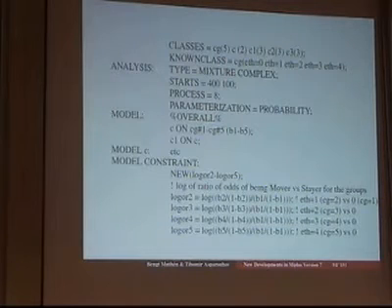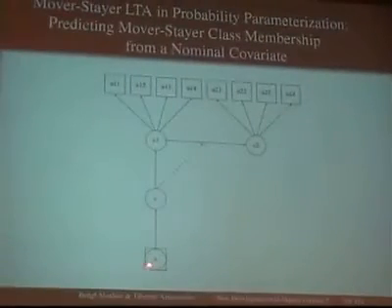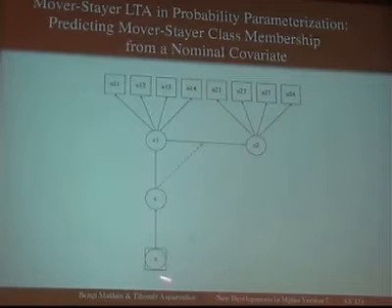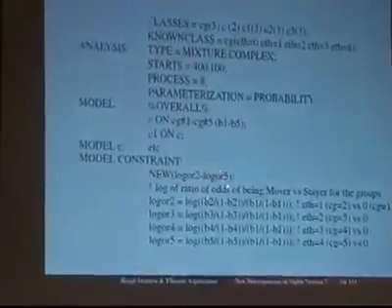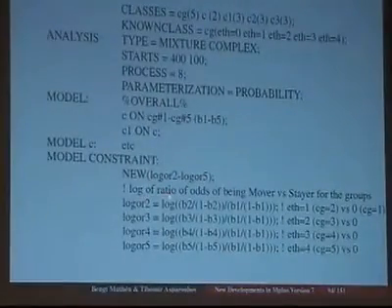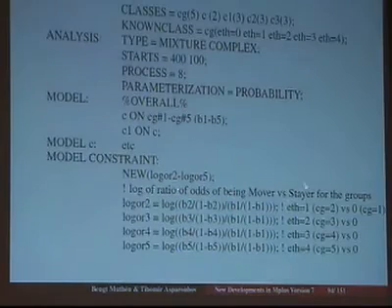How do you portray, how do you explicate and report results of a nominal ethnicity, say, variable X influencing this latent class variable C? Well, when you have categorical variables, it's convenient to work with log odds and odds, or log odds ratios and odds ratios. So you have here the new parameters in model constraint defined as log odds ratio 2 through 5. Log of ratio of odds of being mover versus stayers for the groups.